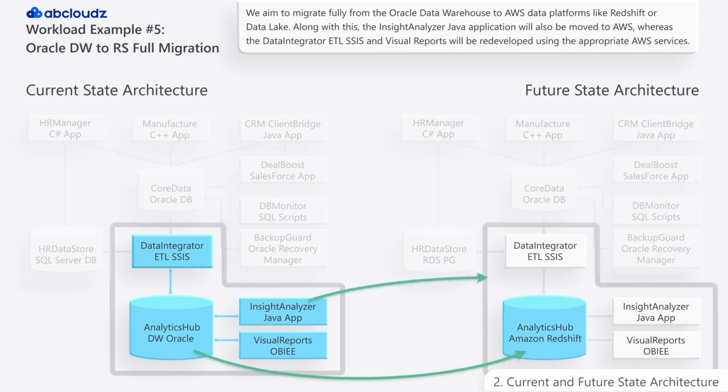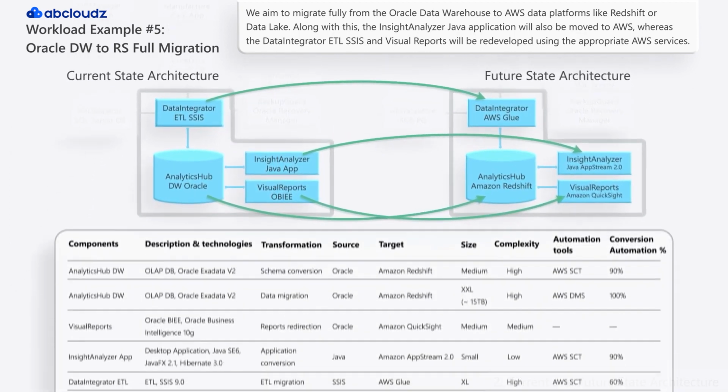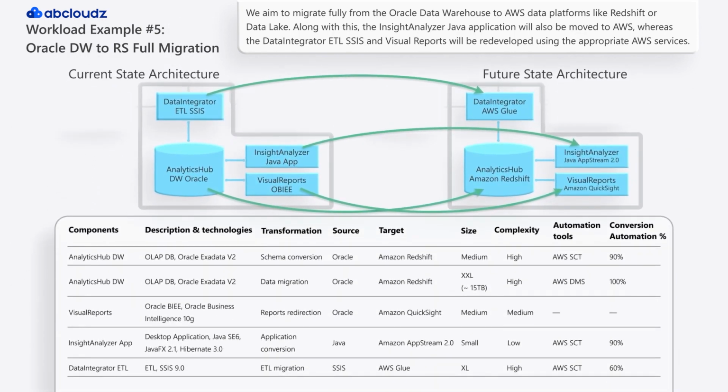We also migrate the Insight Analyzer Java application to Amazon AppStream 2.0. We replace the ETL SSIS functionality with AWS Glue. For the Visual Reports, which were built on the Oracle Business Intelligence Enterprise Edition tool, we recreate them in Amazon QuickSight. For this specific scenario, here's the detailed transformation table.